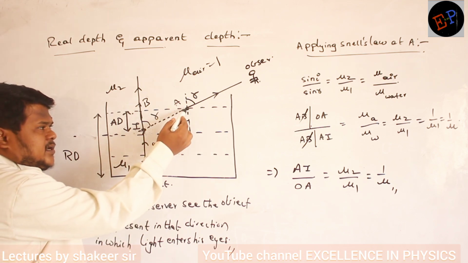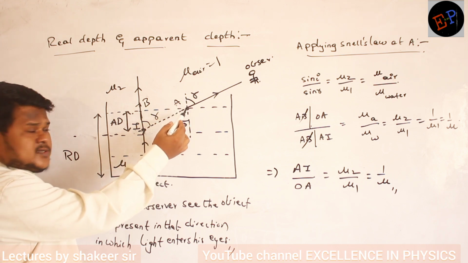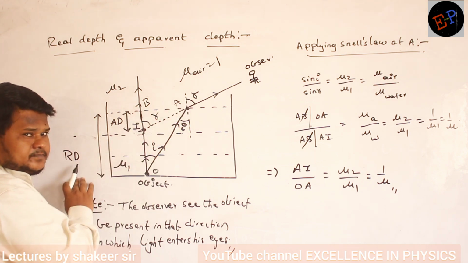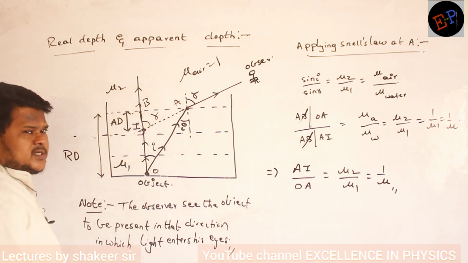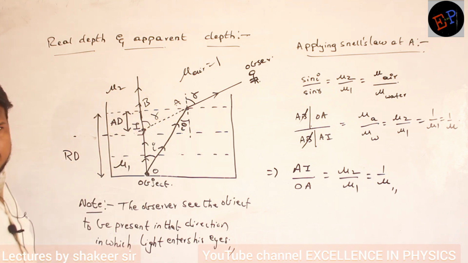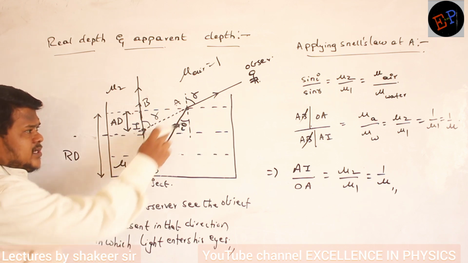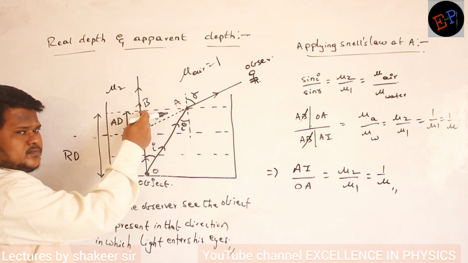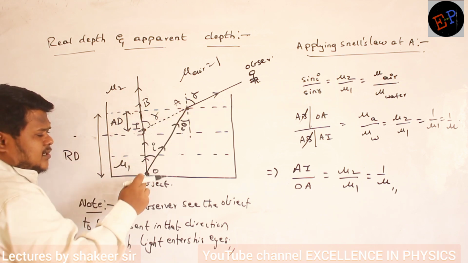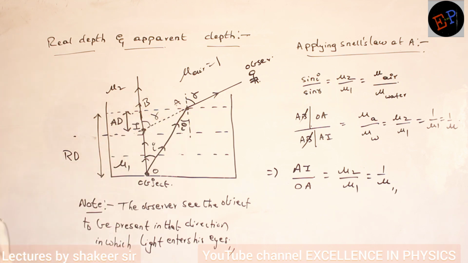I have taken point A here. Will they become equal or not? Here definitely OA is greater than OB. But if this point is very, very close, then OA and OB will become equal.